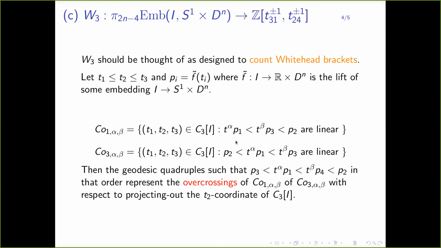They are disjoint because, well, P2 is on the right-hand side of those two in one, and P2 is on the left-hand side of those two in the other. So in this manifold, P2 is on the right-hand side of that geodesic triple, and on this manifold, P2 is on the left-hand side in that geodesic triple. So these manifolds by design are disjoint, and they do detect all the elements of pi n.